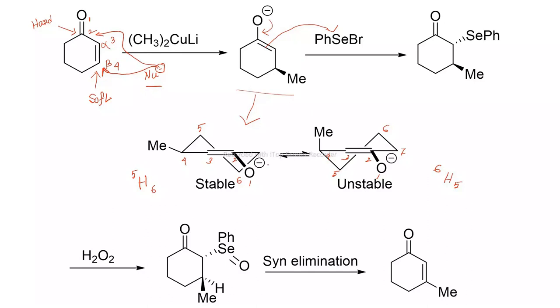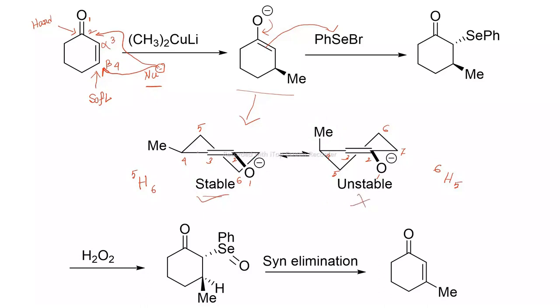So we have to find which among these two are different types of conformation, and which conformation is more stable. This is more stable because this methyl group is in the pseudo-equatorial position, whereas this methyl group is in the pseudo-axial position. Due to the similar-region 1,3-diaxial interaction, this structure will not be stable, but this conformation is stable. That's why the reaction will proceed through this particular conformation, not this conformation.